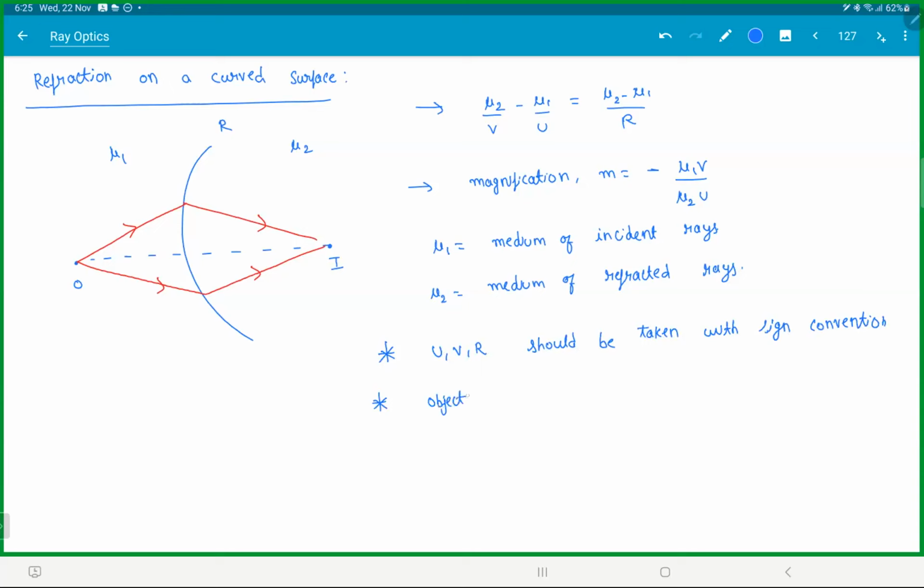We did the same thing in mirrors also. If it is above the principal axis, you know what to do. We drop a perpendicular, find the foot of the perpendicular image, and then we extend it. Do copy down these two formulas. So theory-wise, that's it. Let's see some problems on this.